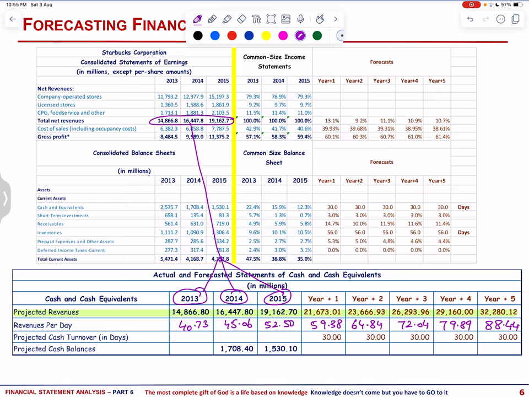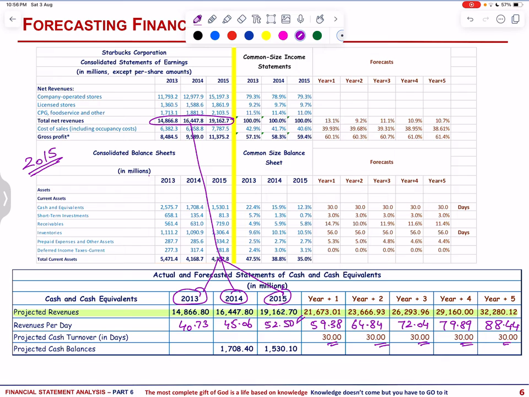We are assuming that the projected cash turnover is 30 for all the 5 years, and I would like to calculate the projected cash turnover for the year 2015. Now for the year 2015, the revenue per day was given as 52.50.